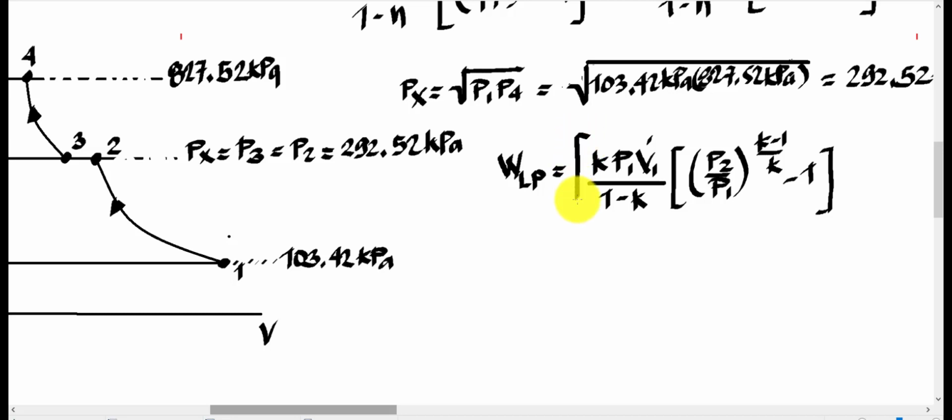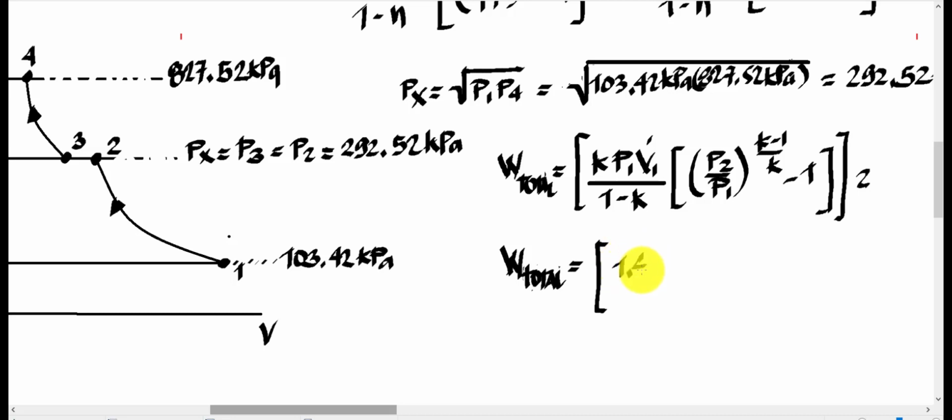So we're going to multiply the whole equation by 2, and this will become our total work. Since it is the same, we're only using the low stage work, then multiply by 2 to get the total work of the system for multi-stage.